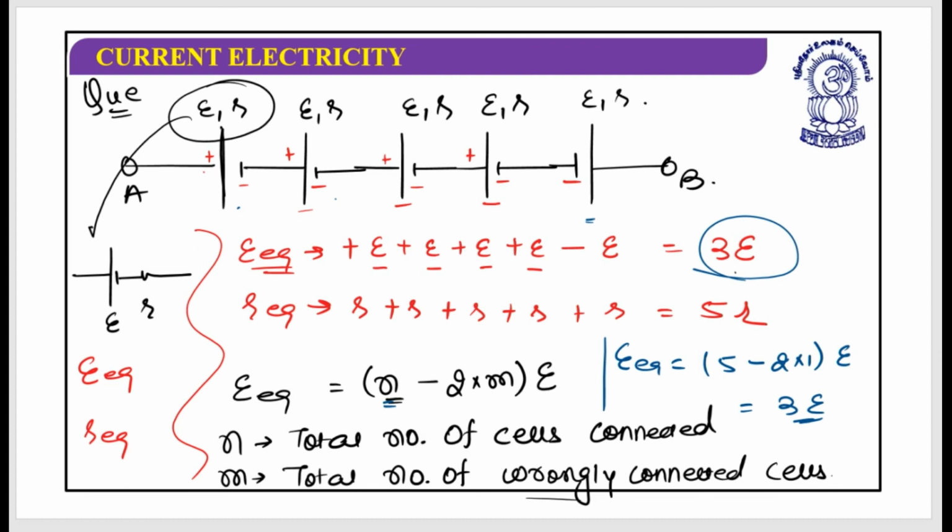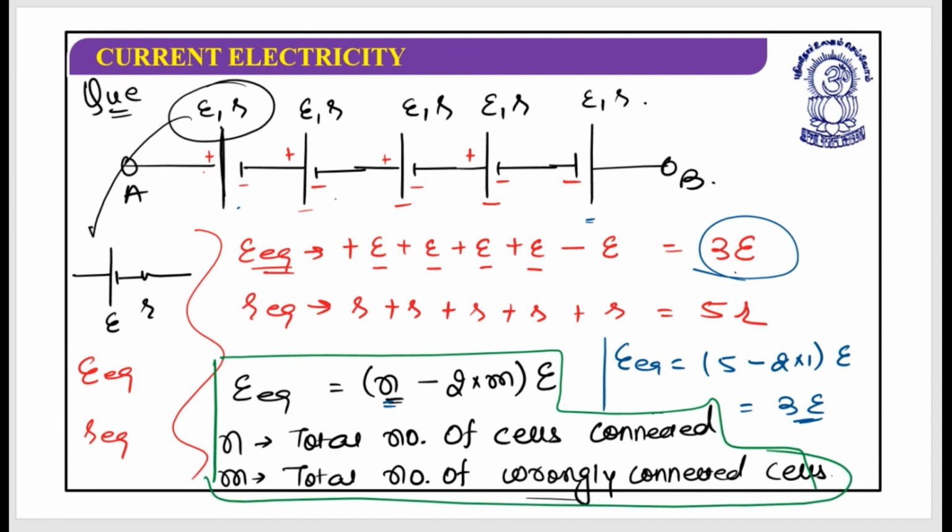This is very, very important. E equivalent equals (N minus 2M) into E, where N is the total number of cells and M is the total number of wrongly connected cells. I hope these things are clear. Are you sure? Can you calculate this kind of question?